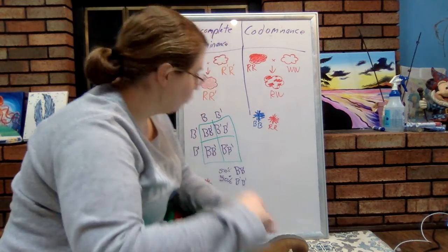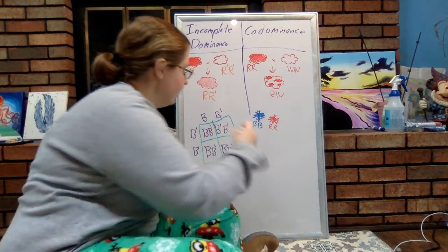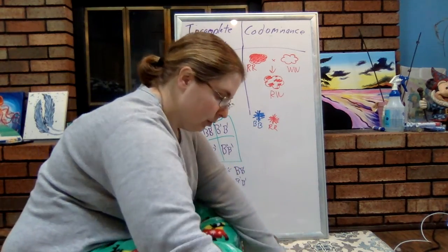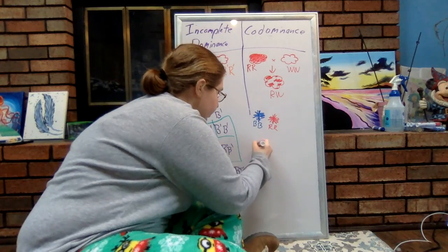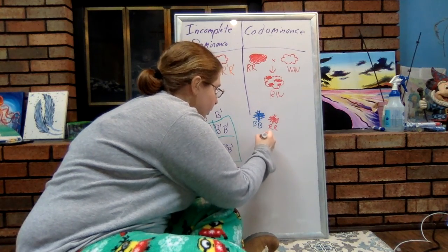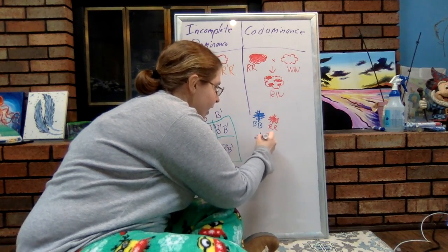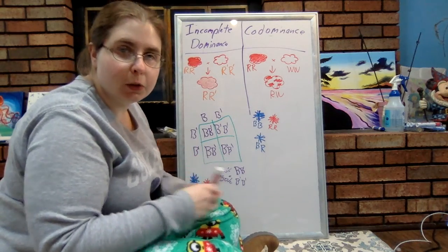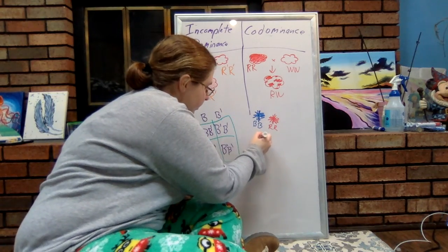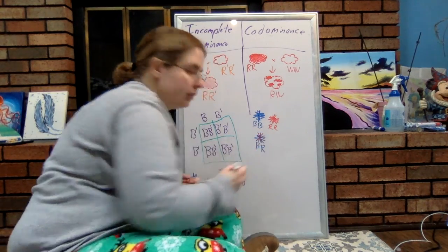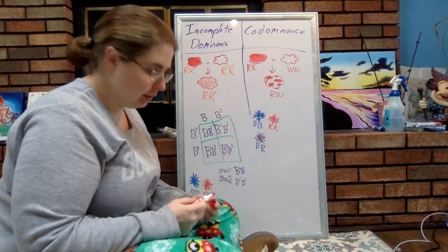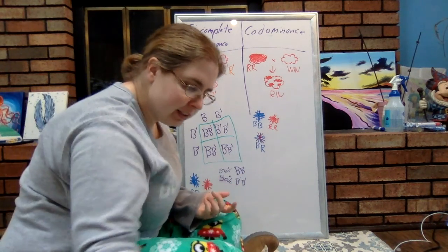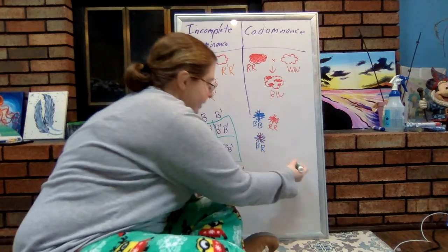And if we get one of each, we end up with BR, offspring that have both blue and red colorations. So we actually see both colors. So let's do an example of this, shall we? Great.